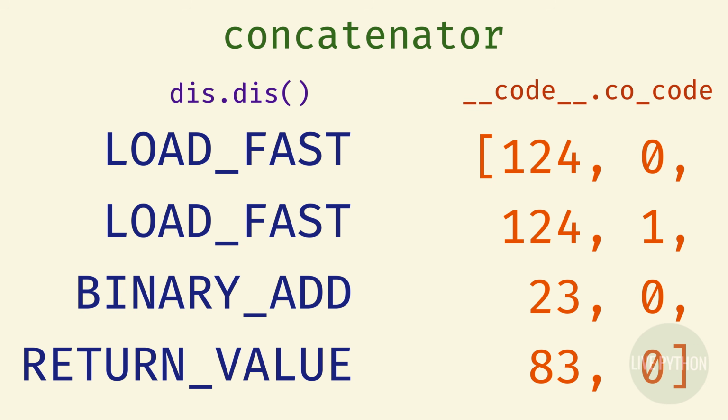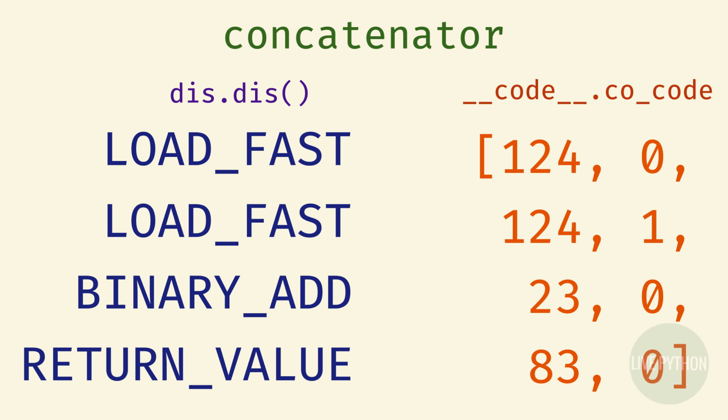But notice, of course, that after each opcode number, there appears to be a 0 or a 1. So what's going on there? Well, if we take the first instruction, LOAD_FAST, a single byte is the opcode, but LOAD_FAST has to load a local variable.